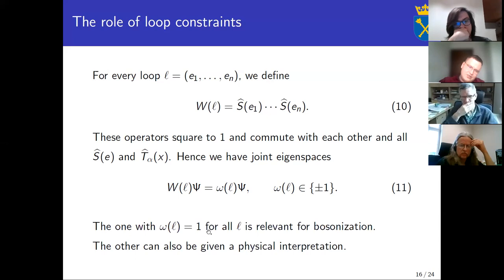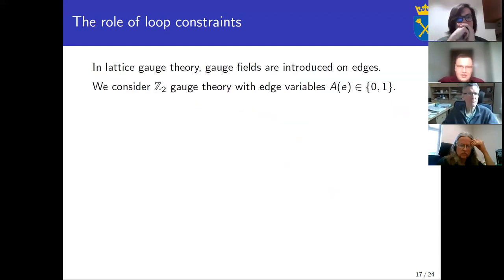So we are after the states with omega of L equal to 1, because this is the relation that we have had initially for fermions. But actually, it is interesting that states with different omega of L also have some physical interpretation, and that is what I would like to explain next. So in lattice gauge theory, gauge fields are typically introduced on edges.